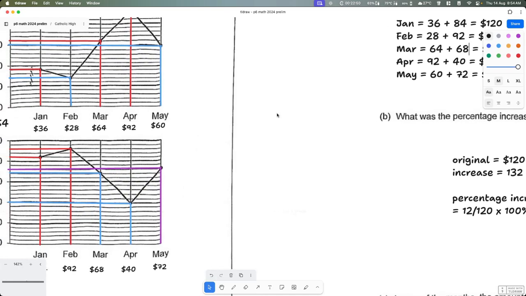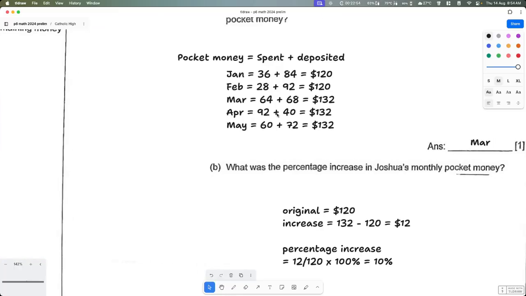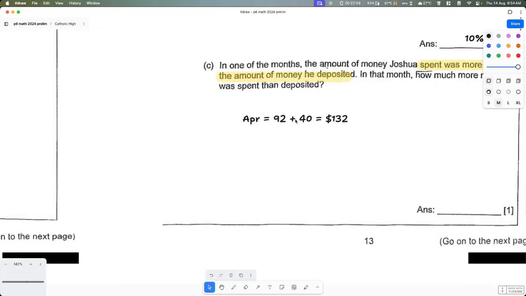And then spent 92, save 40, spent 60, save 72. So in this case, April spent is 92, and April saved is 40.